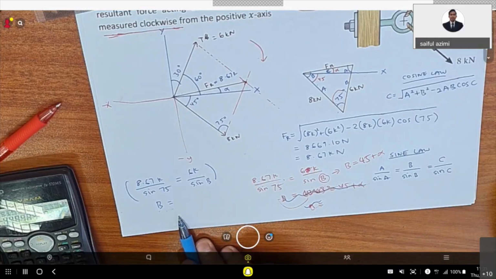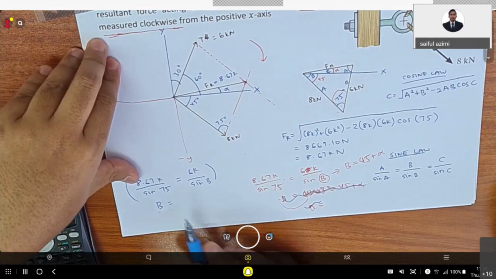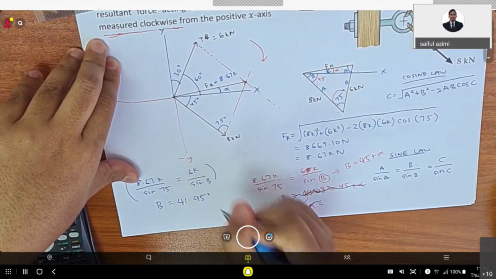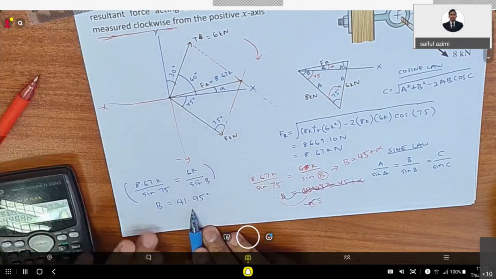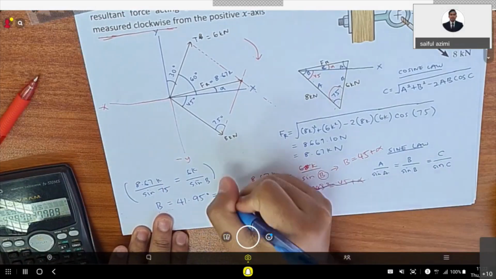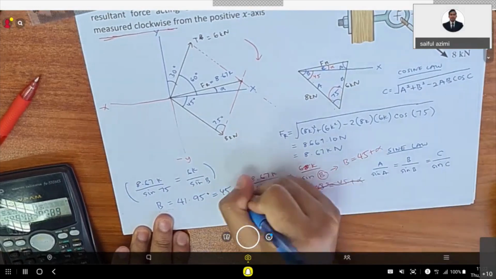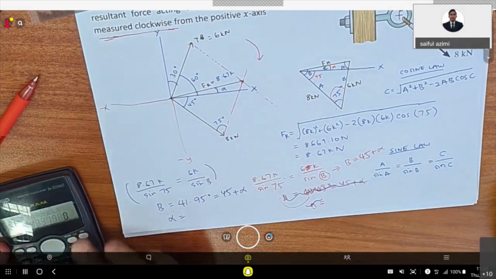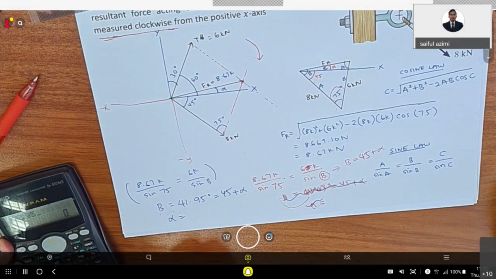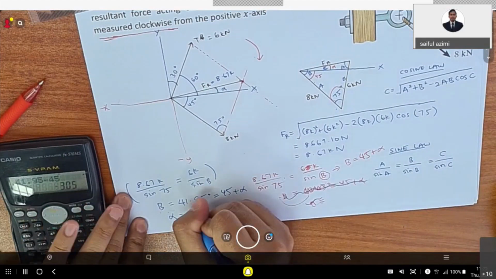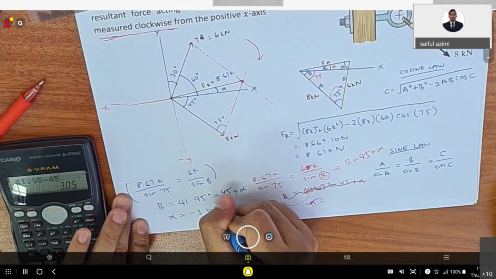Is it 41.95 degrees, sir? Yes, so B equals to 41.95 degree. So 41.95 degree equals to 45 plus alpha. So alpha will equal to 41.95 minus 45 equals to negative 3.05.